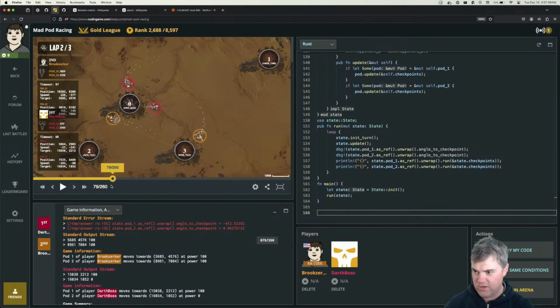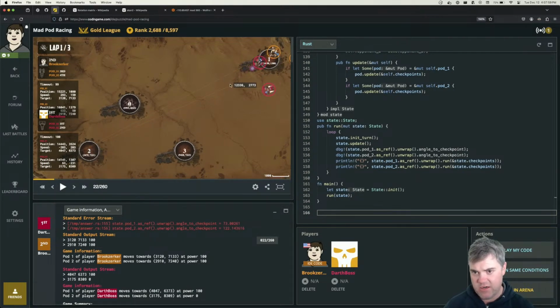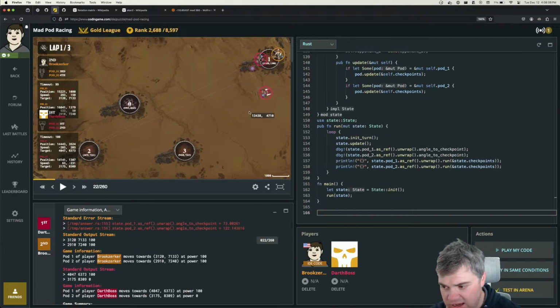Okay, so for example, let's see. We hit 1, and so now we're both coming after here. So pod 1 is kind of sort of facing towards it.